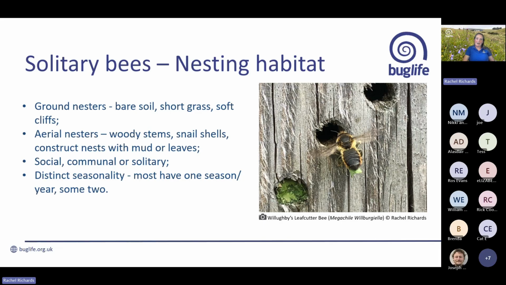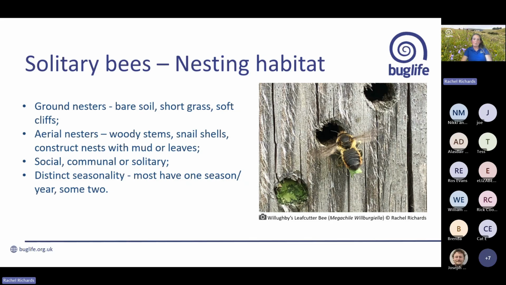But solitary bees are not always entirely solitary, in that sometimes you'll have a nesting aggregation, an area where there's lots and lots of holes together. Each bee's got its own hole, but they're nesting in a housing estate, as it were. Others, you'll get one hole and they'll have side tunnels off. Like chocolate mining bee, you'll sometimes find them in walls and you'll see a number of bees going in the same hole, but they're using different side tunnels.